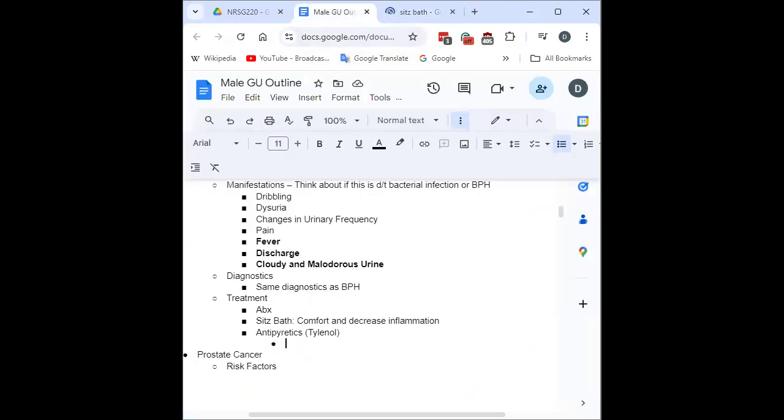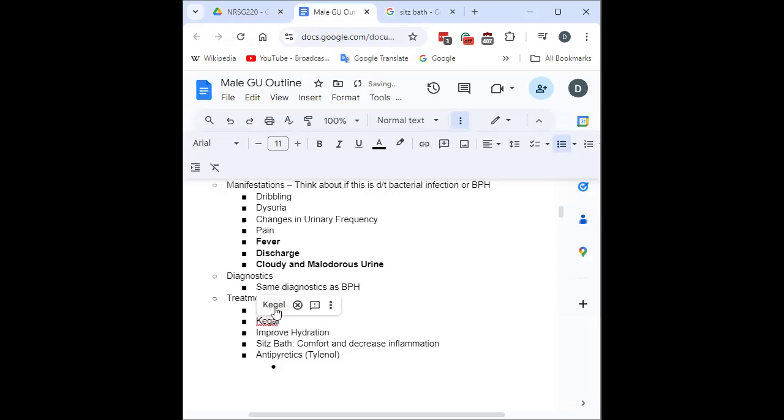Anything else you guys can think about? Hydration, yeah, pretty much the same stuff. Through hydration, you can flush out bacteria. They tell you for preventing UTI to drink water to prevent urinary stasis, because if you're peeing more, you're flushing out more.